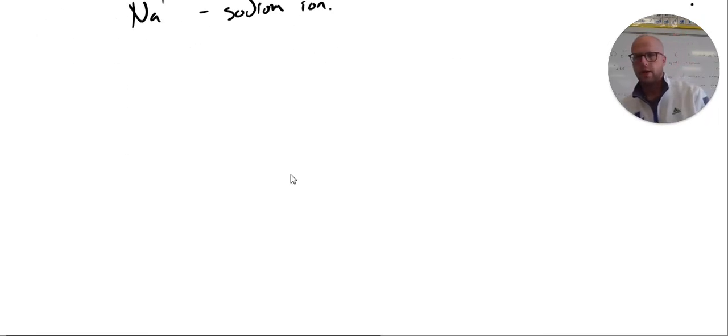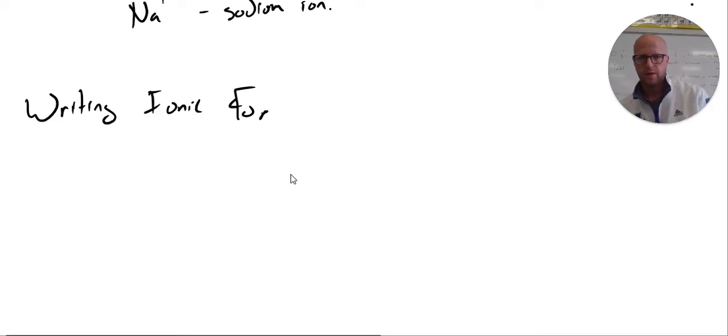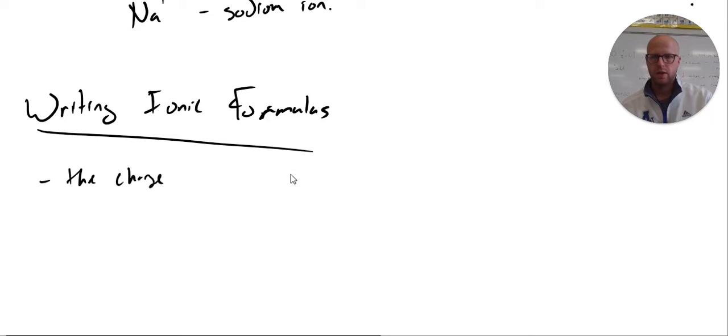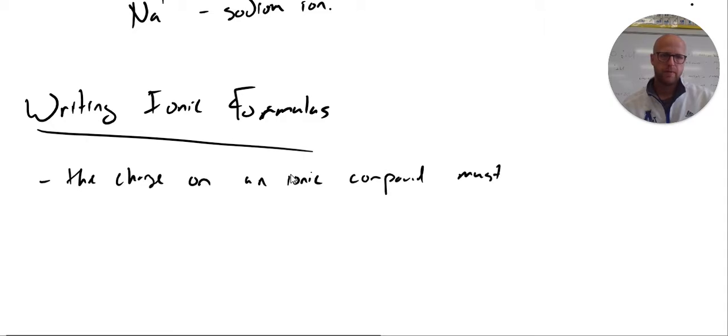So let's take a look at writing ionic formulas. The most important thing is the charge on an ionic compound must equal 0.